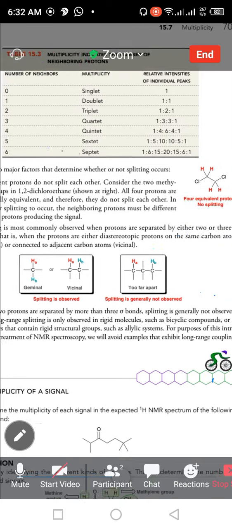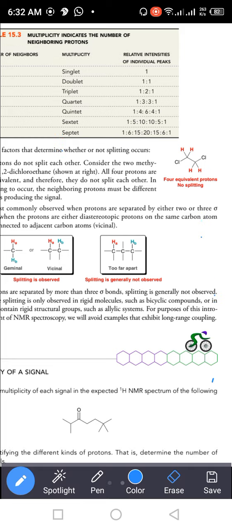So for the first point, we look at the structure of the organic compound, 1,2-dichloroethane. In this compound, 4 protons are equivalent. Why are these equivalent? Because there is a symmetry. Whenever protons are equivalent, they cannot split one another.